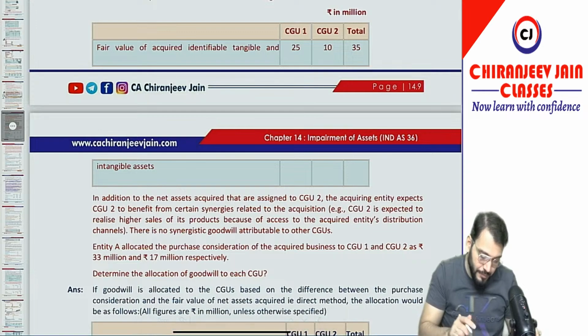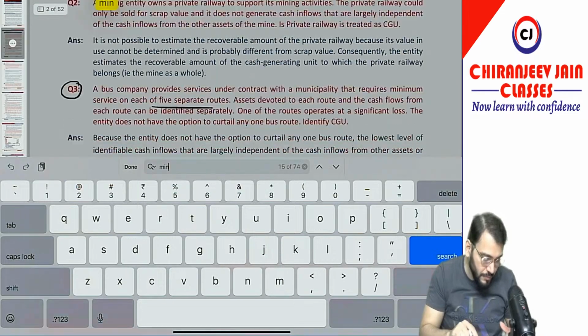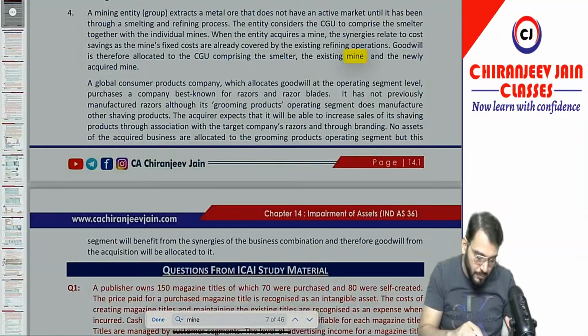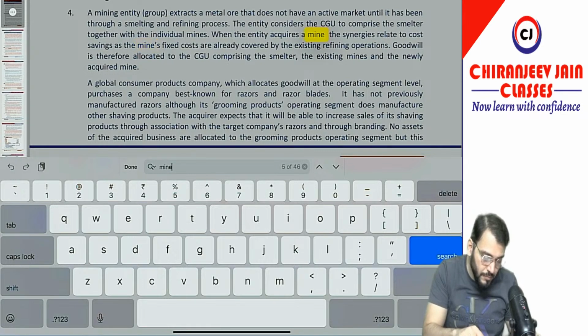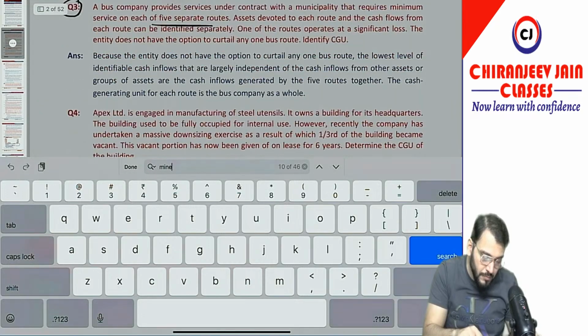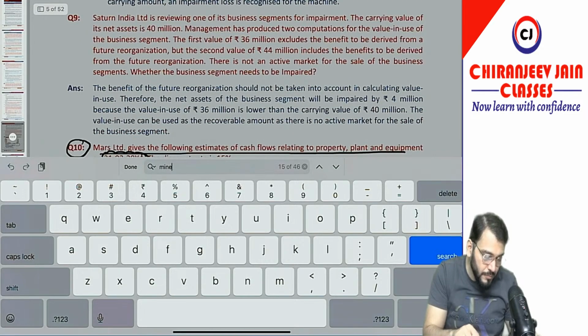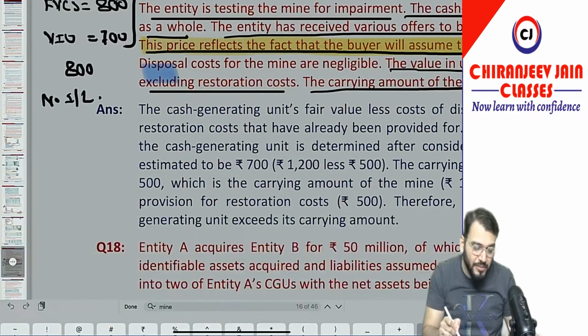Mine question, mine. This question, I have done in class also.